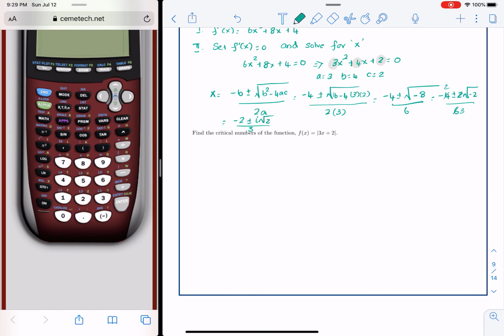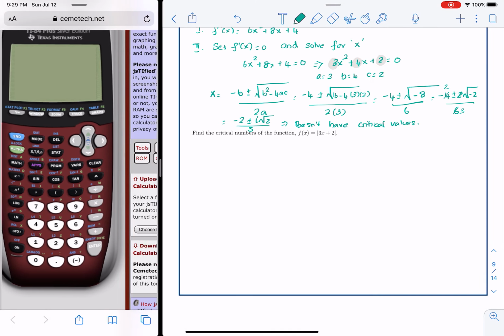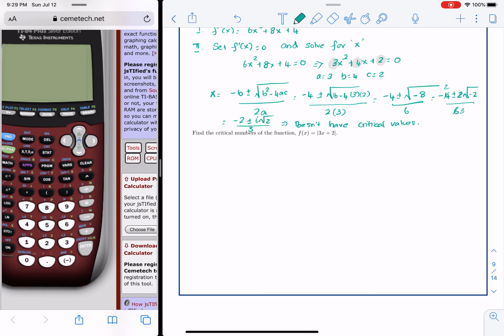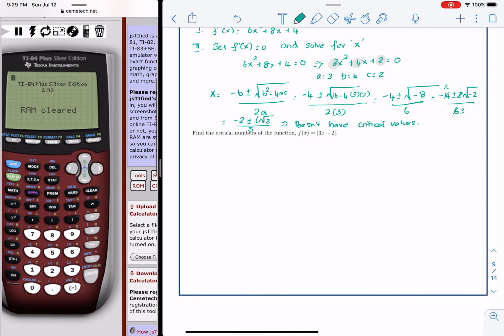So this particular function doesn't have critical values now, because we want real numbered values. Now, what is the consequence of having imaginary critical values?